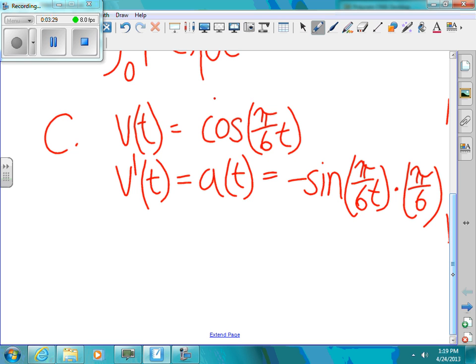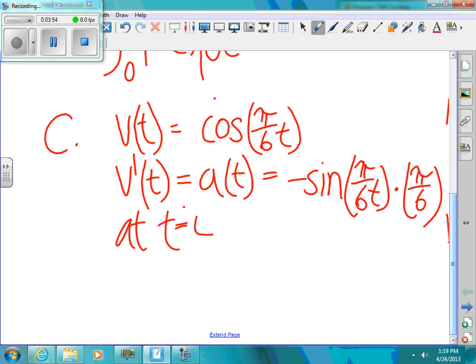All right. Well, explaining the reasoning, it's increasing at t equals 4 because the acceleration and velocity have the same sign. When you do a sign chart, it is negative as it approaches 4 and negative after it gets away from 4.